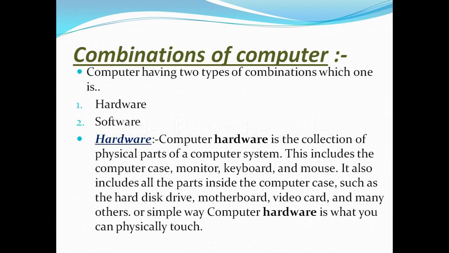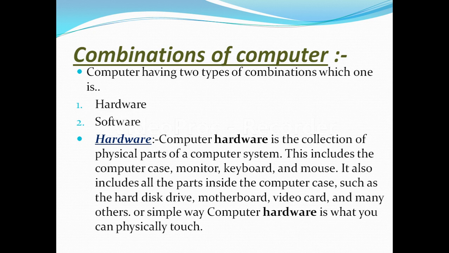So here, the combinations of a computer. A computer has two types of components, the first is hardware and the second is software. At first, I am going to teach you about hardware. Computer hardware is a collection of physical parts of a computer system.